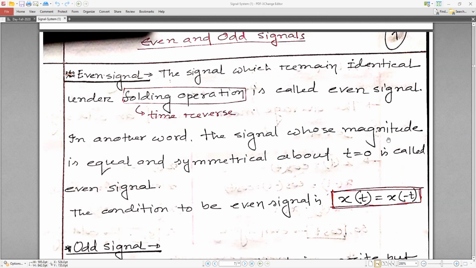The condition is x(t) equals x(-t). So if x(2) equals x(-2), the value would be the same. That is the even signal.